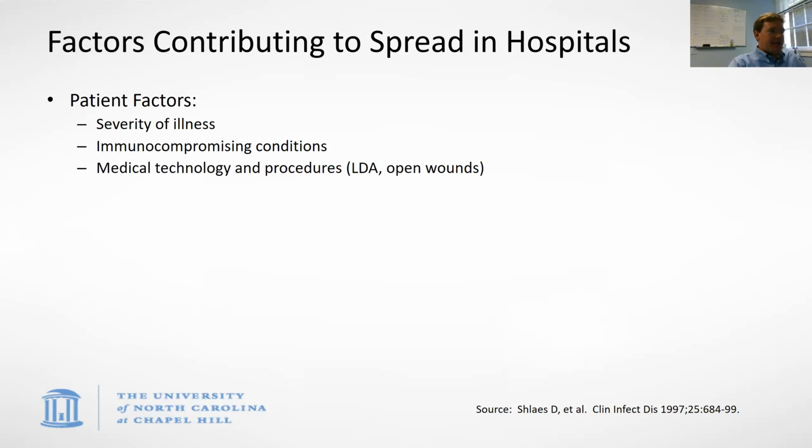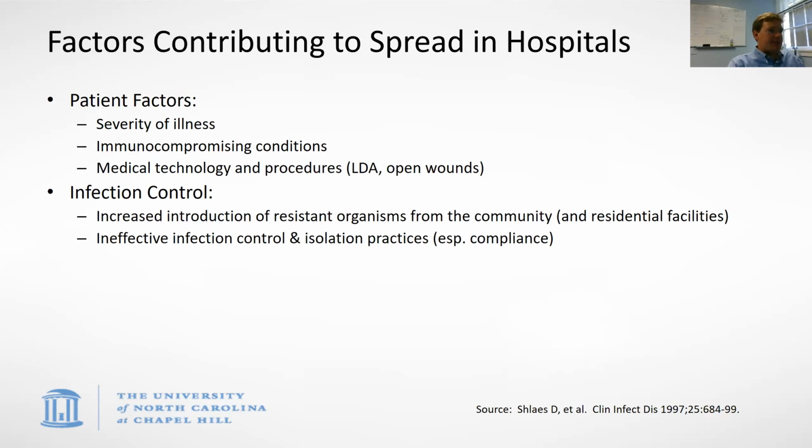Immunocompromising conditions, so transplant recipient, an oncology patient, and patients with immunodeficiencies are going to be at greater risk. Medical technology and procedures, so LDA, lines, drains, and access, open wounds are all portals for infection and also opportunities for colonization with antimicrobial-resistant organisms.